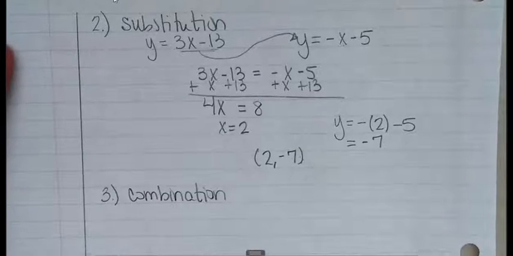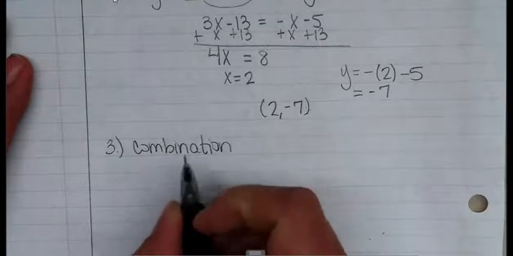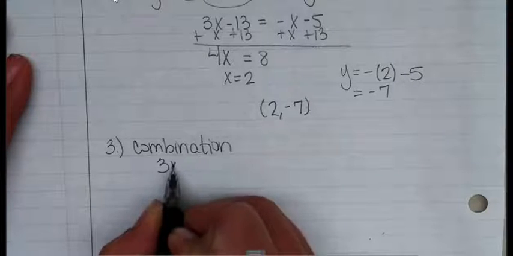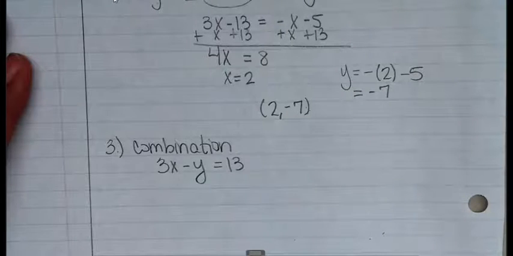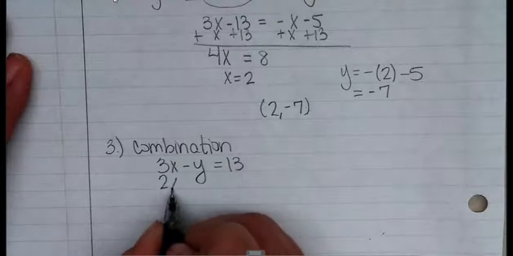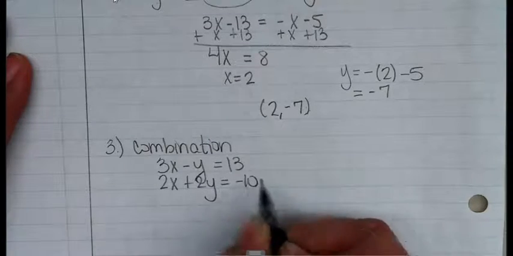And what I'm going to do is take those two equations that we originally got, and set them on top of one another. So 3x minus y equals 13, and 2x plus 2y equals negative 10.